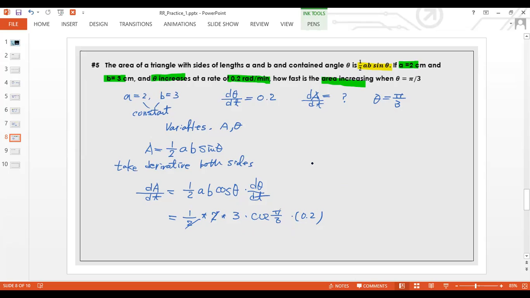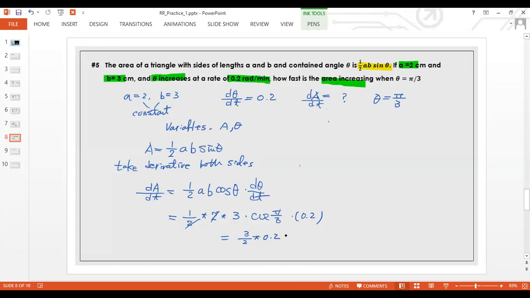So now this gives 3/2 times 0.2, which gives 0.3 square centimeters per minute. Okay, so let's go.